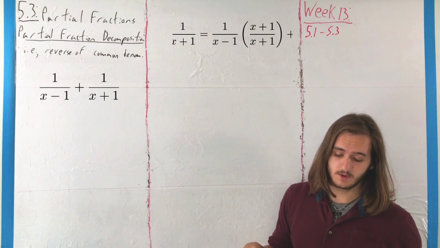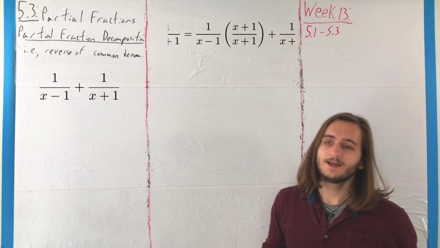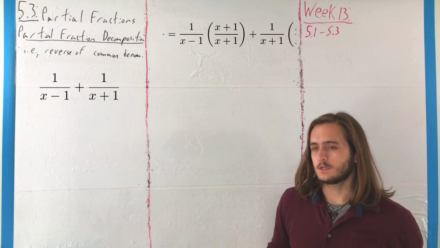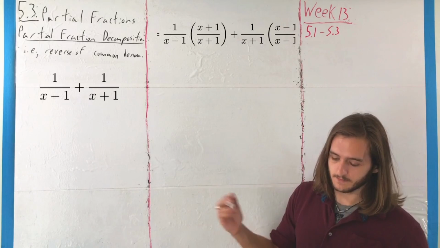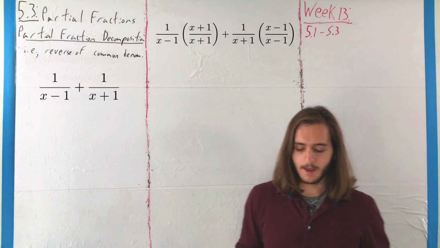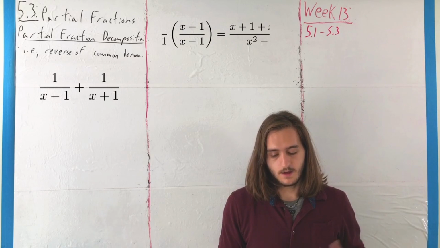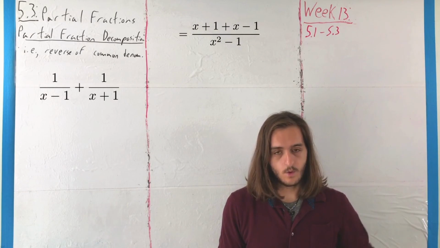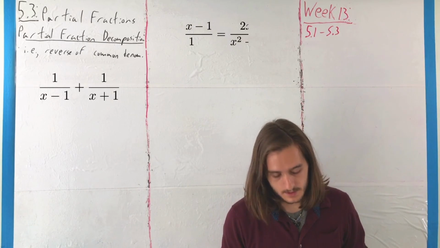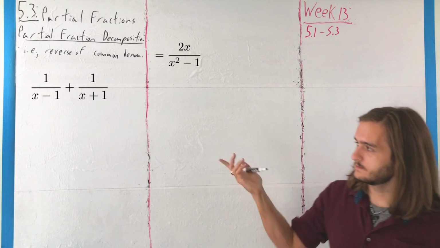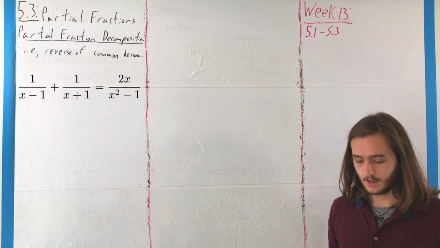And then in the second term, we'd multiply the top and bottom by x minus 1 because we'd need to make sure we're matching up with the denominator of the first term. So we would end up having x plus 1 plus x minus 1 over x squared minus 1, or 2x over x squared minus 1 as our equivalent expression.